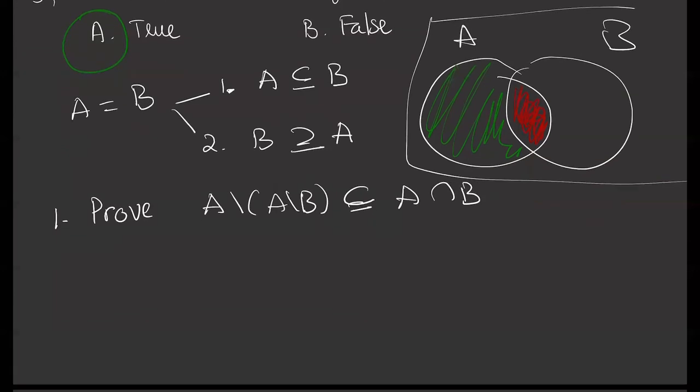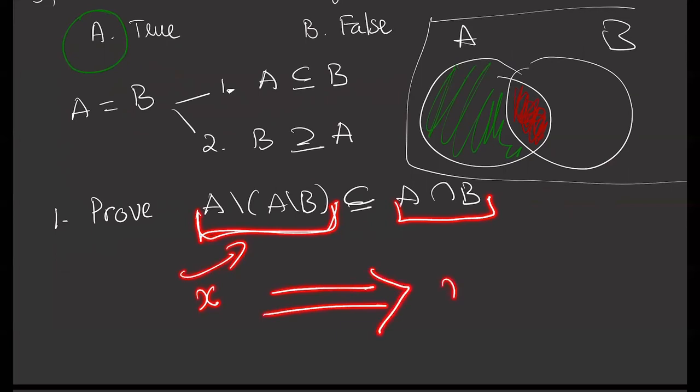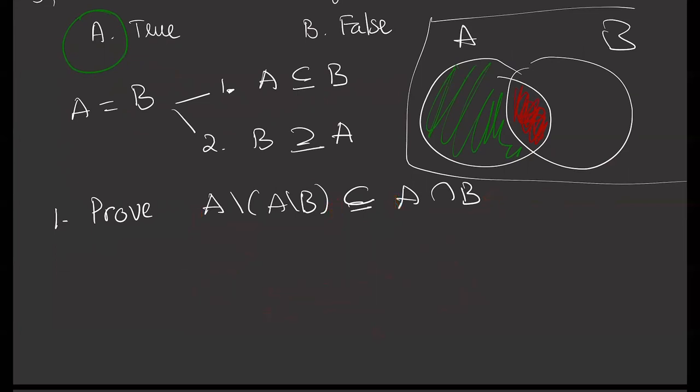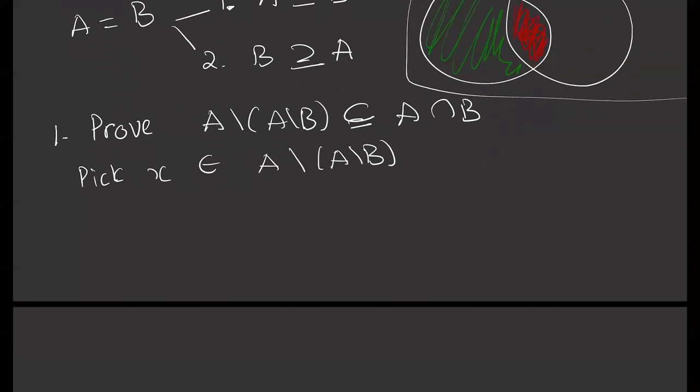As I said, in order to prove this set is a subset of this one, we have to pick X belonging to this set and try to draw a conclusion that X is in this set as well. So pick X in this set, and my goal is to conclude that X is in A intersect B, right?